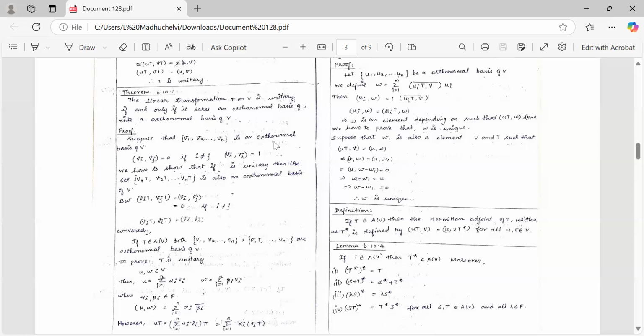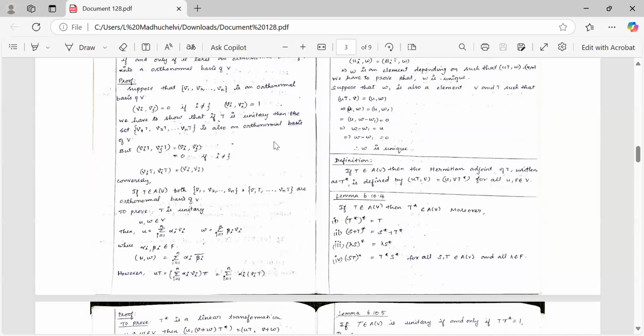So let us take two elements U, W belonging to V. Then we can write U as the summation i equals 1 to n of alpha i Vi, and W as the summation i equals 1 to n of beta i Vi, where alpha i, beta i belong to F.